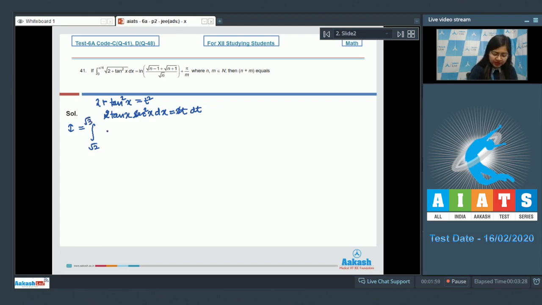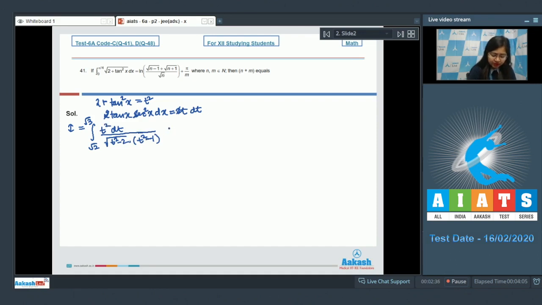Square root of 2 plus tan square x is t, and dx is dt divided by tan x, that is square root of t square minus 2, into secant square x, that is 1 plus tan square x. So it is t square minus 1 into t.